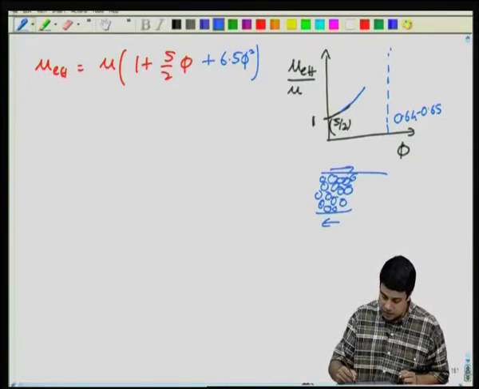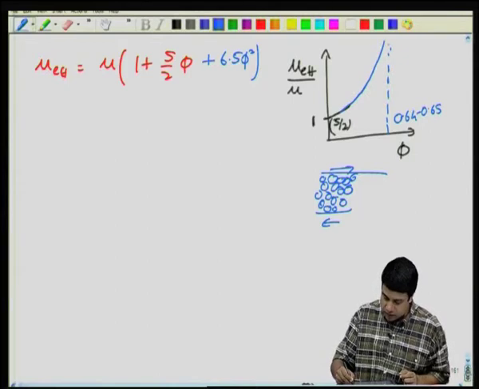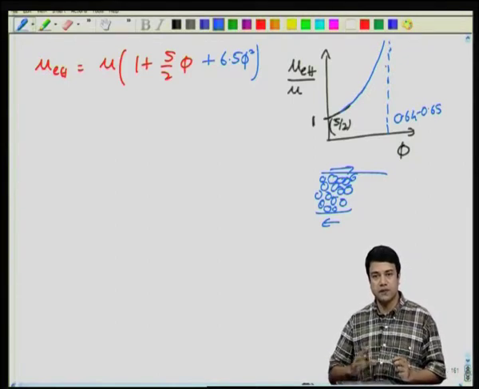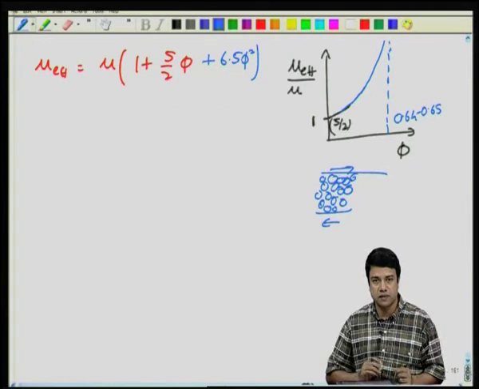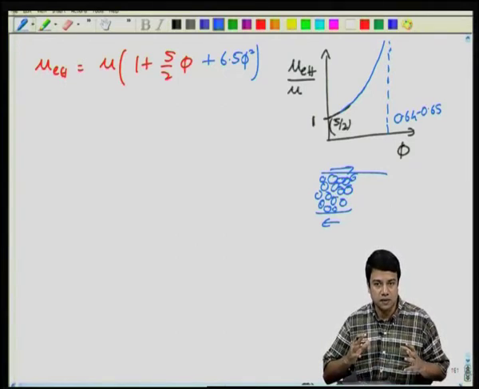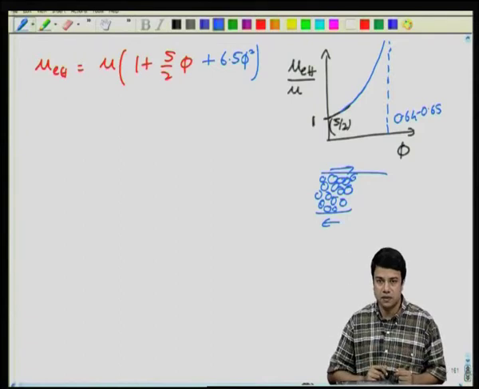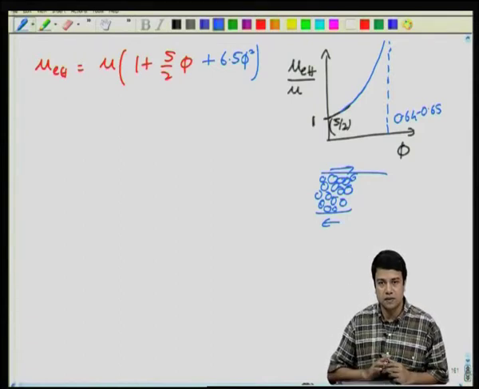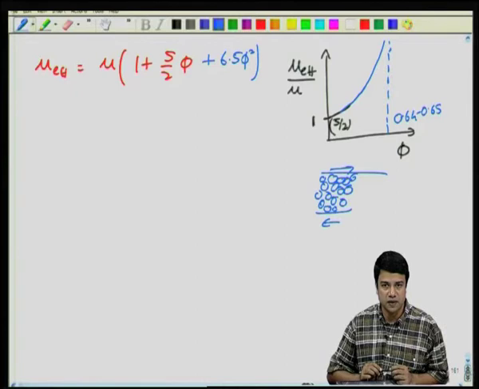That means that the viscosity has to go to infinity at this point, at a volume fraction of about 64 or 65%, because you cannot deform a fluid filled with so many particles; the particles cannot go past each other. So, that is how the viscosity of a suspension varies as a function of volume fraction.